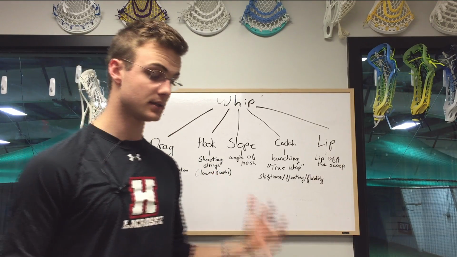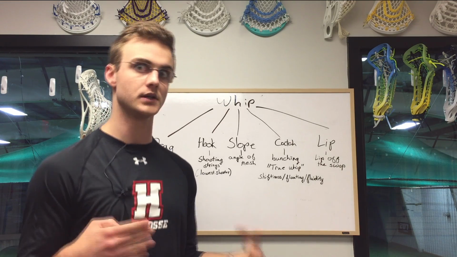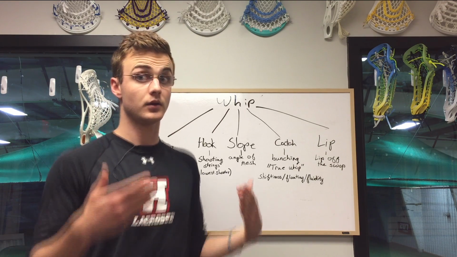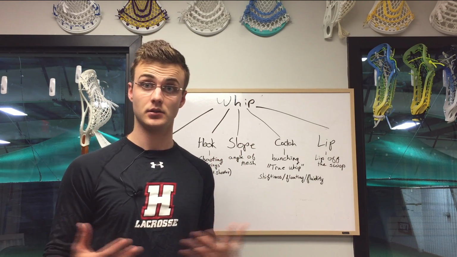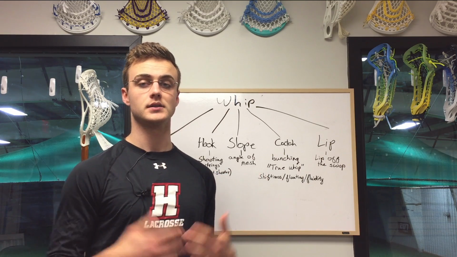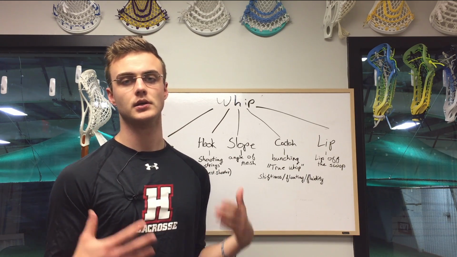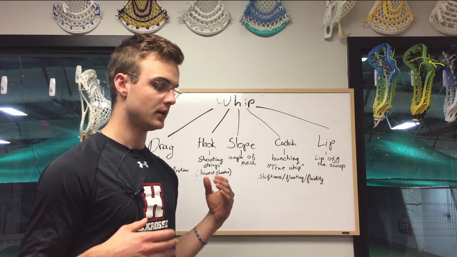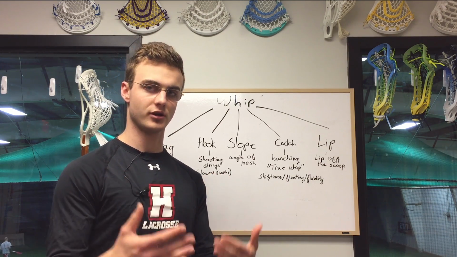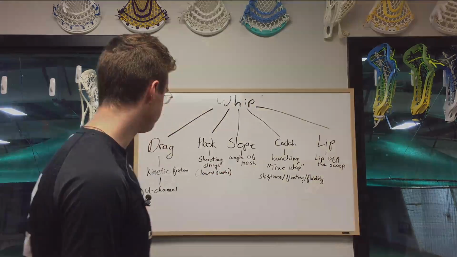So when you're stringing a stick and you're trying to figure out what is causing your stick to whip, there are a lot of different things that you have to look into and see which specific category it is, or which combination of categories, that are contributing to the whip of your stick.